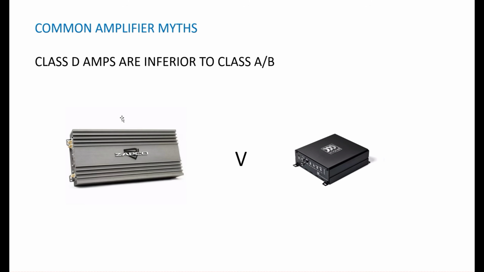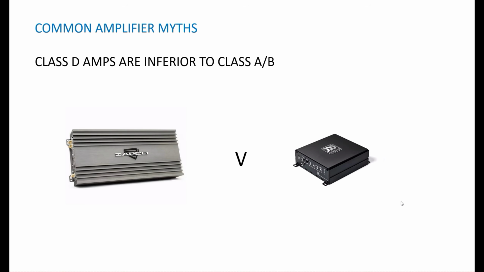The AB class almost perfectly replicates that, and the D class will be 99%, because the digital action of a D class amp creates an approximation of the line signal. But in terms of playback quality, way back when D class amps were new, they had problems with distortion and switching and that type of stuff.